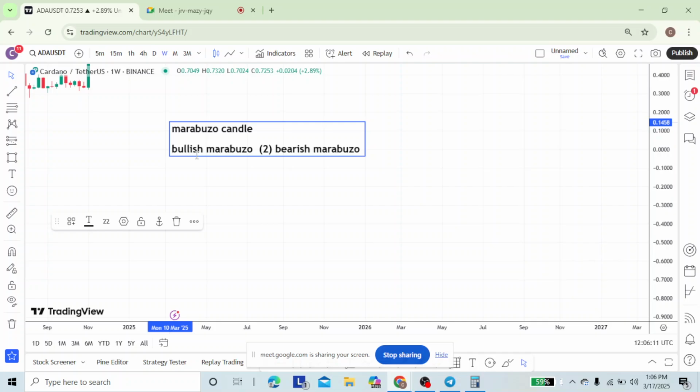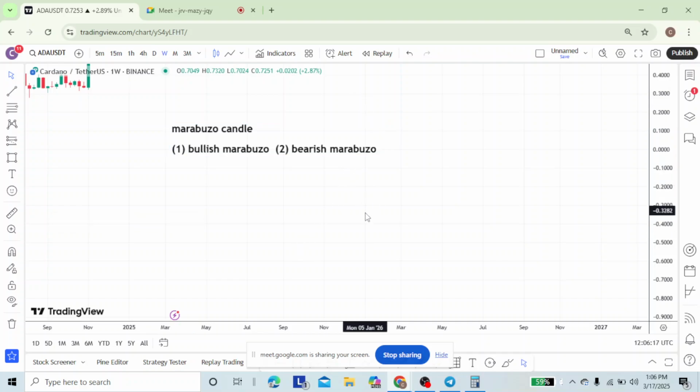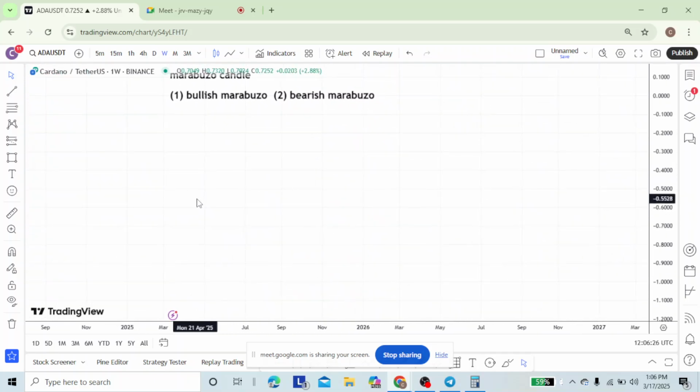I'm going to be showing you how this candlestick looks, what they are, and how we can take opportunity of them when we see them on our price charts. So this candlestick, we have the bullish like this.